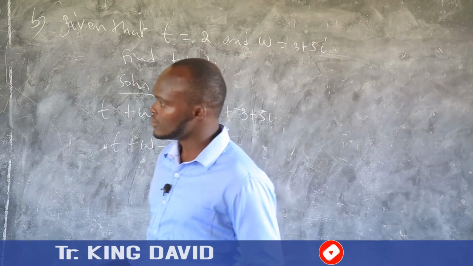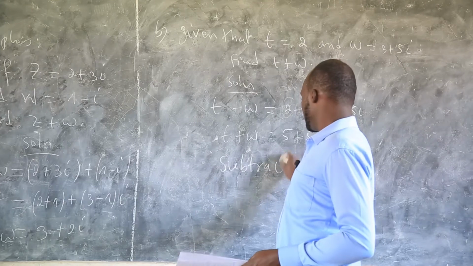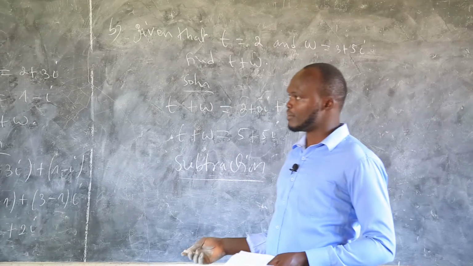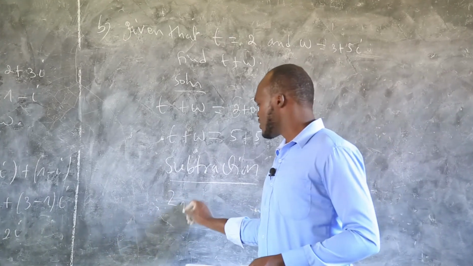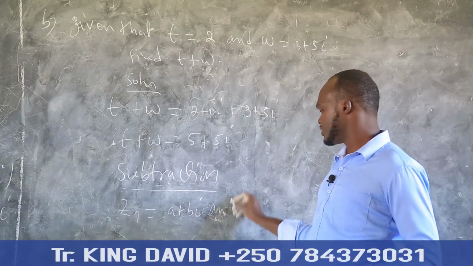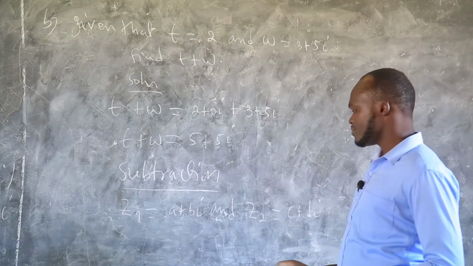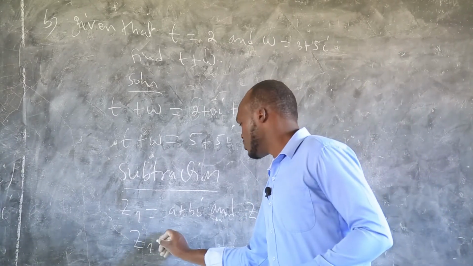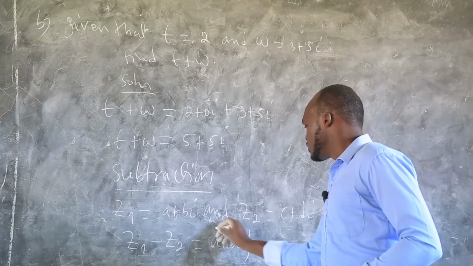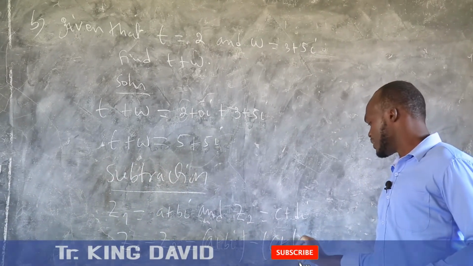Okay, for subtraction, how can we subtract complex numbers? If I have Z1, which is a plus bi, and Z2, which is c plus di, Z1 minus Z2 is a plus bi minus the value of Z2, which is c plus di.